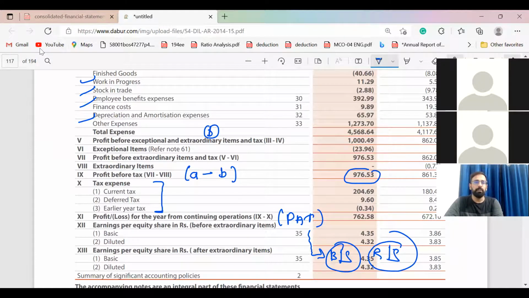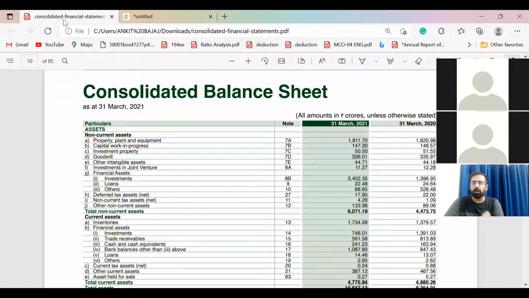Now I will show you the new profit and loss account of Dabur Limited, right? Now you can see the profit and loss account for the year ending 31st March 2021. Oh, this is not the profit and loss account, this is the balance sheet.